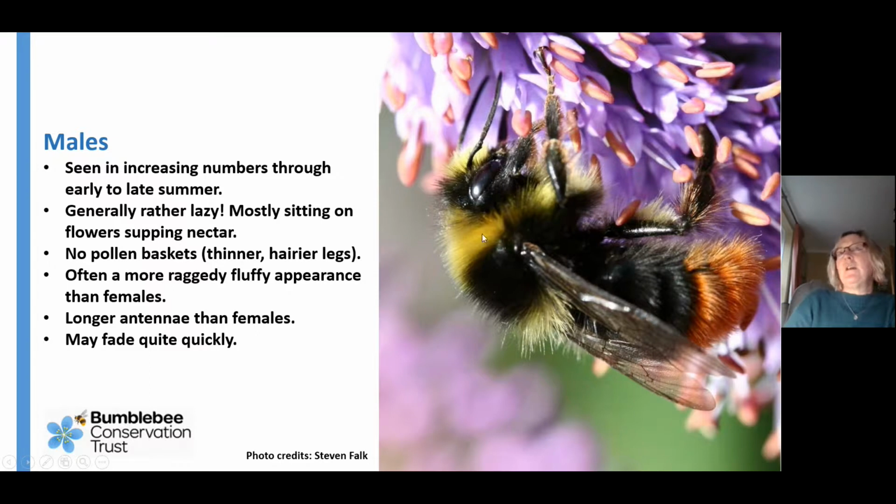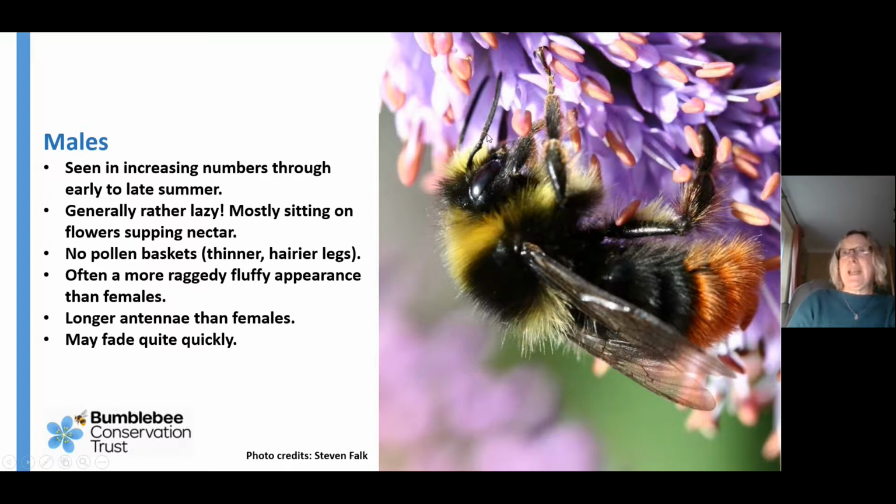They often are fluffier than females of the same species. You can see this male here of a red-tailed bumblebee. The hairs across parts of its body are actually quite long. The females look more velvety and neatly clipped.